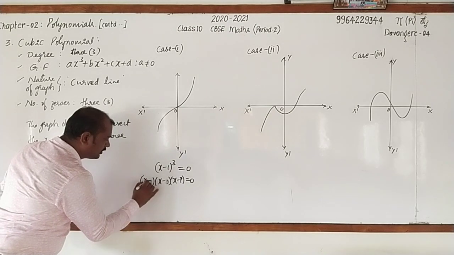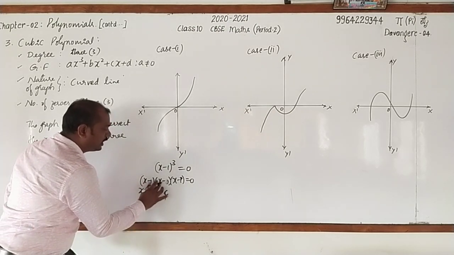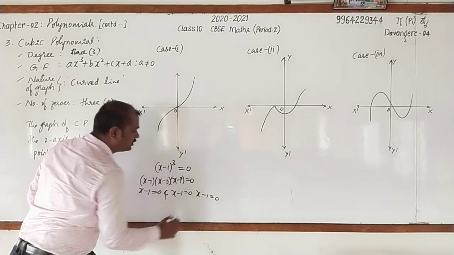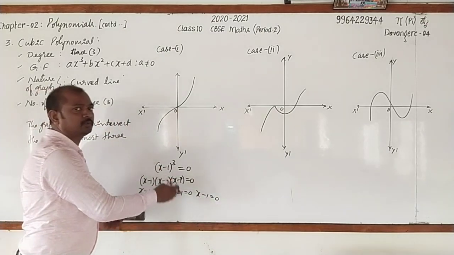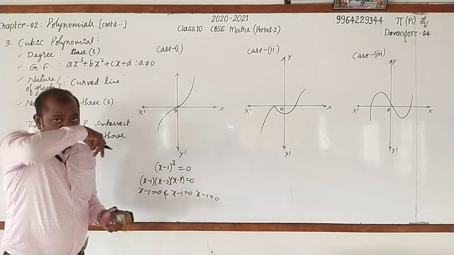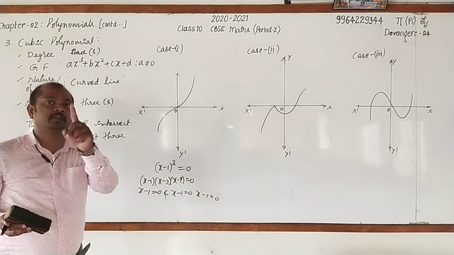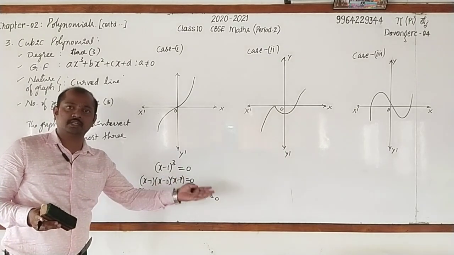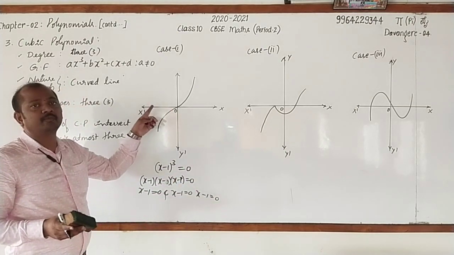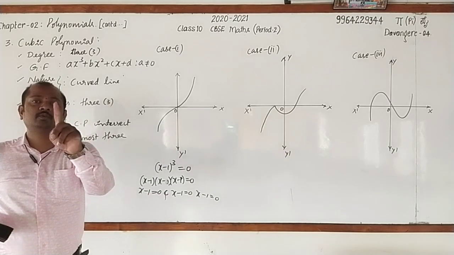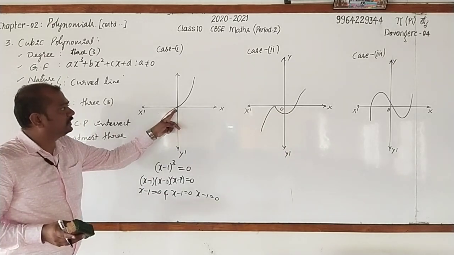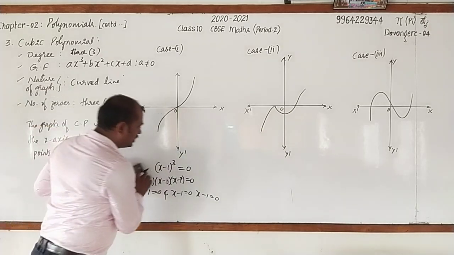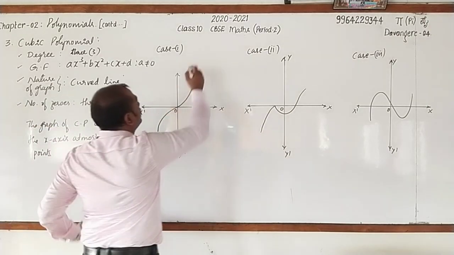Equate first x minus 1 equal to 0, second x minus 1 equal to 0, third x minus 1 equal to 0. x equal to 1, x equal to 1, x equal to 1. So all the zeros are formed at only 1 point. Actually 3 zeros are there, all the 3 are equal, but here the graph will intersect the x-axis at only 1 point. Hence we say that it is just 1 zero. Clear? Here, 1 zero.